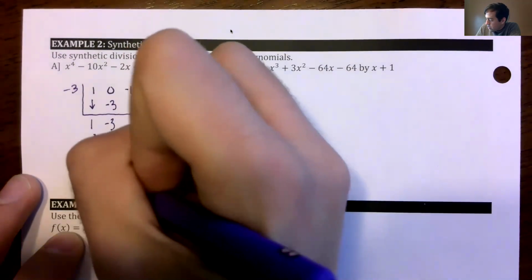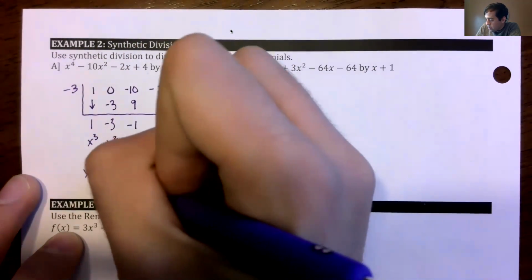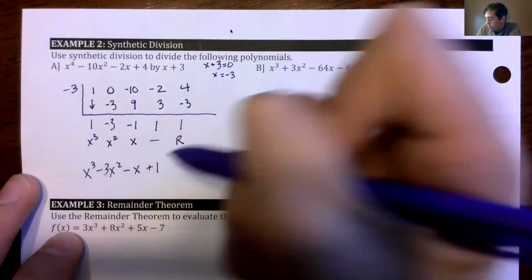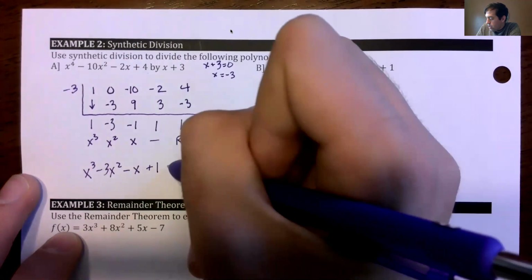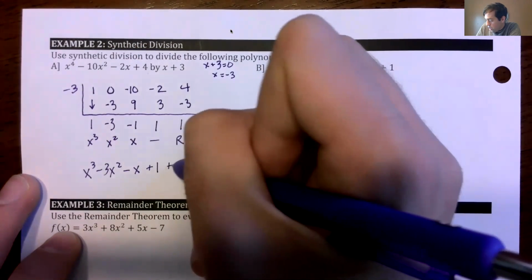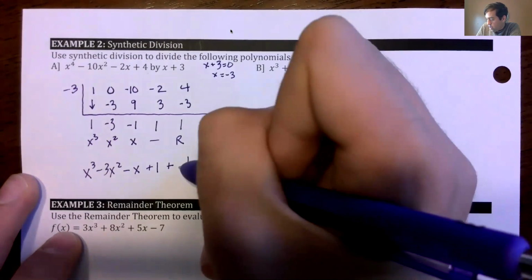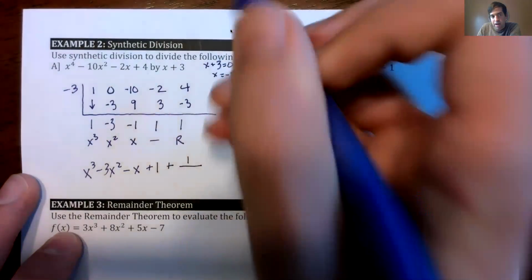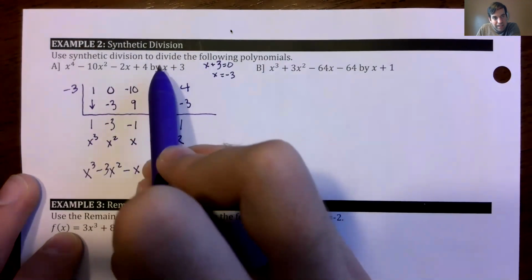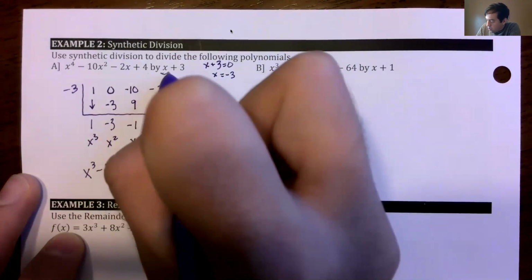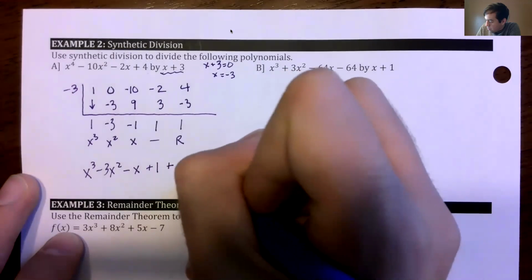So we have 1x cubed minus 3x squared minus 1x plus 1. And then we have a remainder of 1. So don't forget to write that part. And we have to write plus, just like when we did long division, we do plus 1 over what we originally divided by, the actual x expression, not just divided by -3. We write the whole divisor over x plus 3.